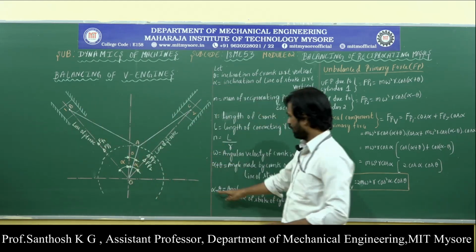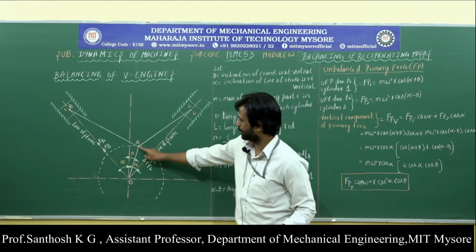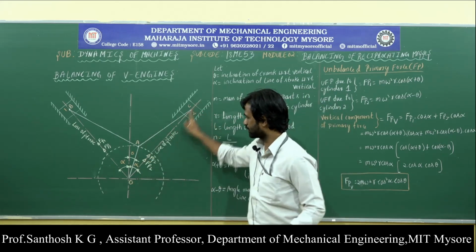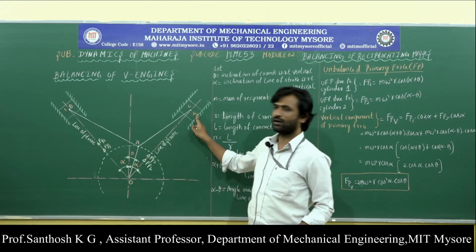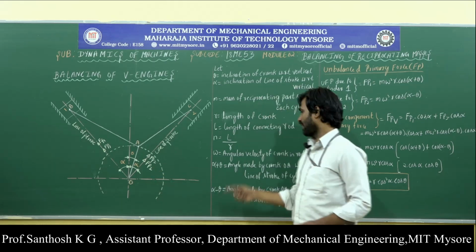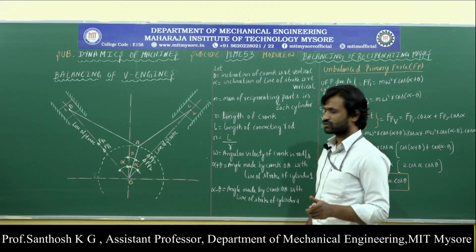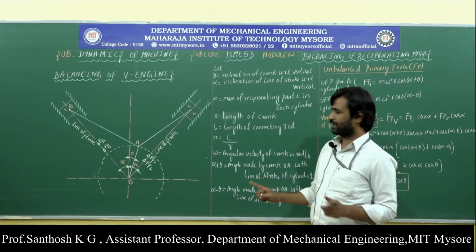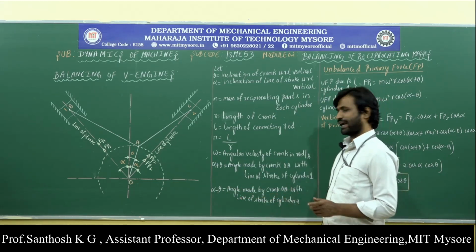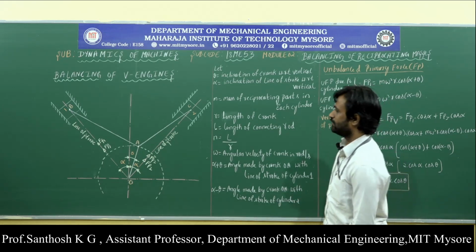Similarly, alpha minus theta represents the inclination made by the crank OA with respect to the line of stroke of cylinder 2.